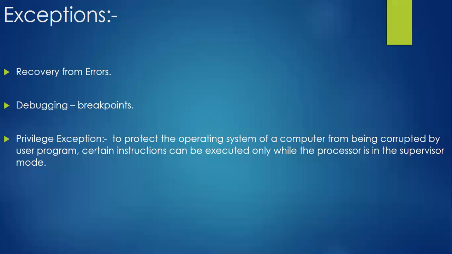That we call privilege code, or privilege exception. In the switch from supervisor mode to normal mode, there is a small time gap, and in that time gap we execute a piece of instruction or code that we call a privilege.